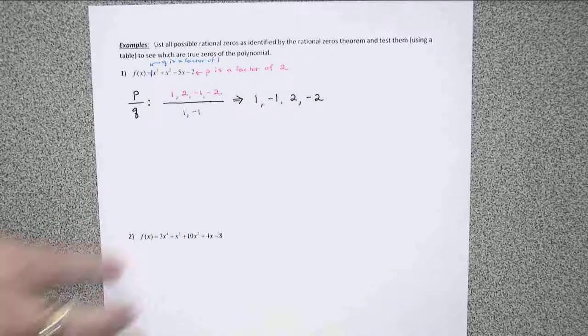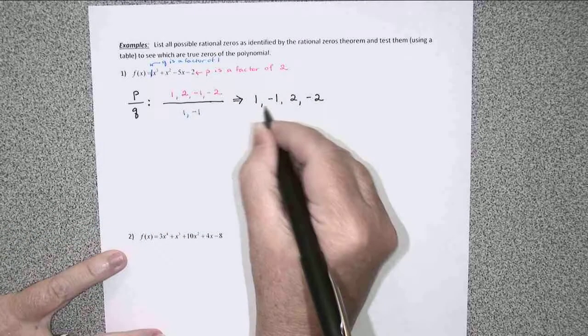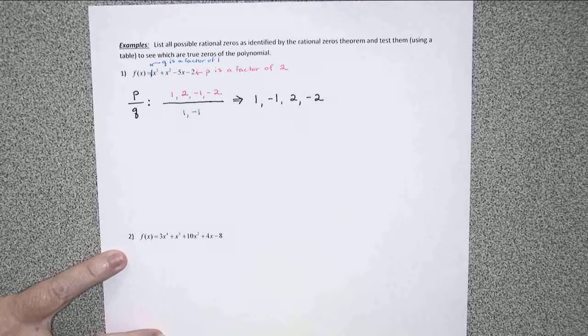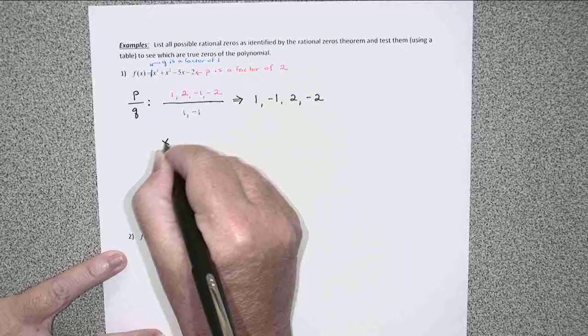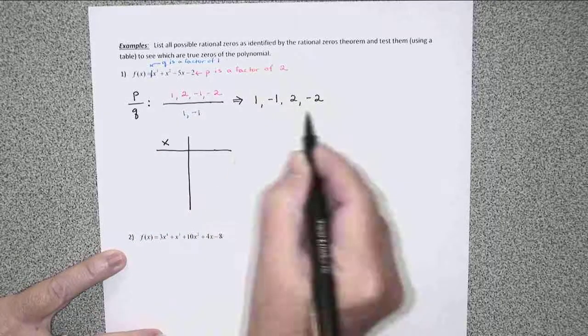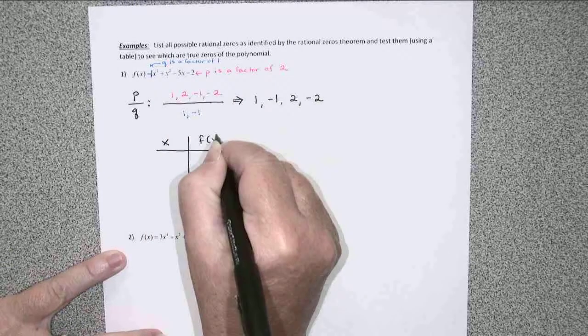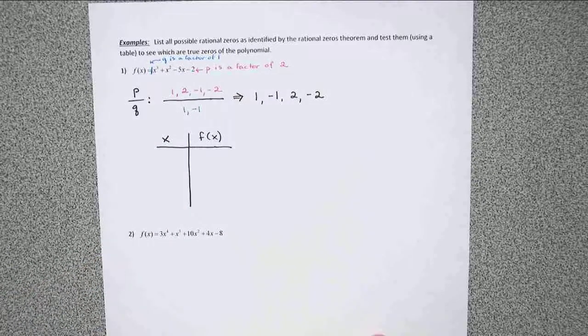These are just going to be repeats of the ones we already have, so I think I'm done. So I have 4 possible rational zeros. To test them, we'll just take each of those 4 x values and substitute them into the original function, f of x, and see which one or ones actually give us 0 for an outcome.